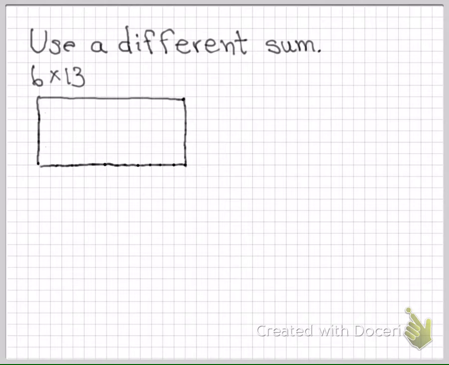But instead of doing 8 and 5, I know that 13 equals 10 plus 3. And I know all my multiplication facts using 10 and 3. So I'm going to break this into 10 and 3. 1, 2, 3. Now, this side is 3. This side is 6. This side is 10.